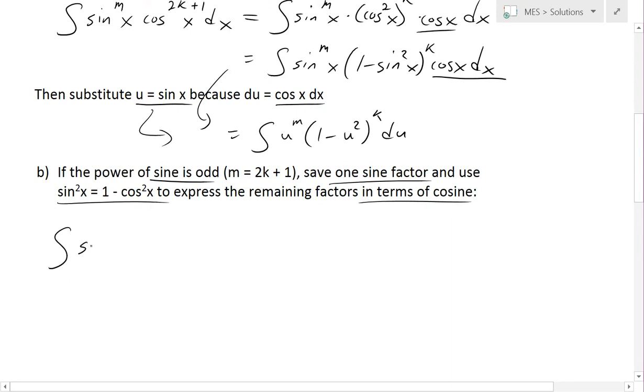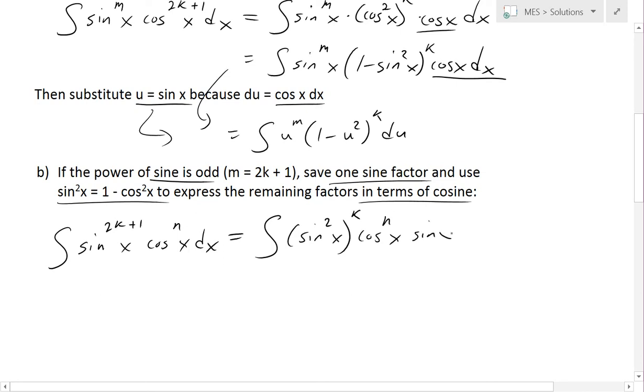So for example, if you had sine 2k plus 1 of x times cos n of x dx, we would do the exact same thing as before. We separate this: sine squared of x to the power of k times cos n of x, and then put the sine at the end, so sine x dx.